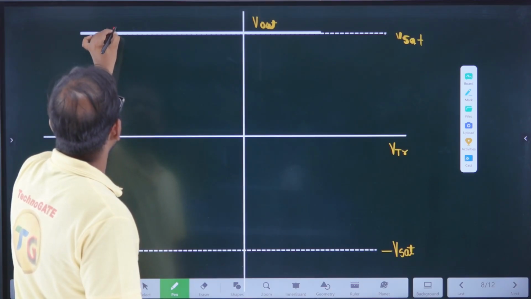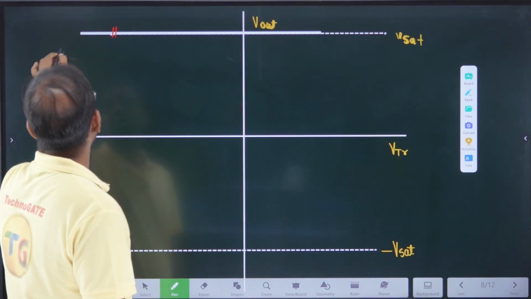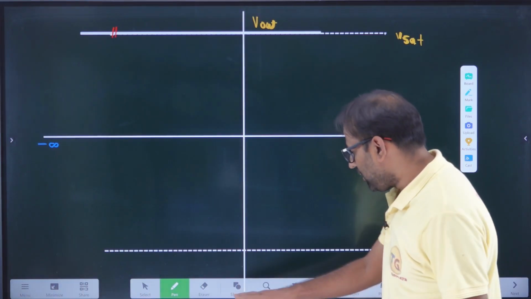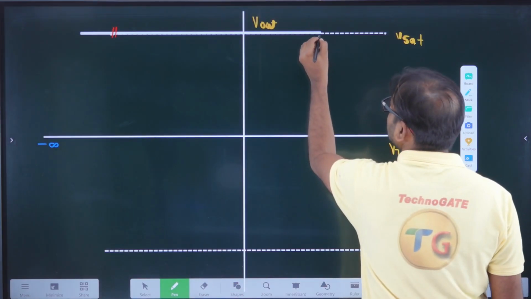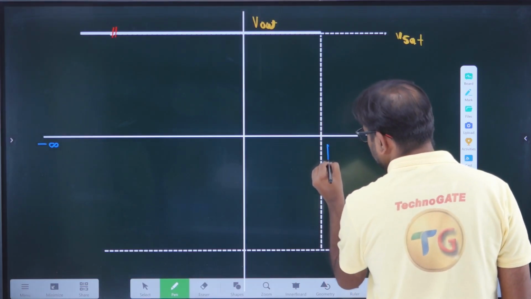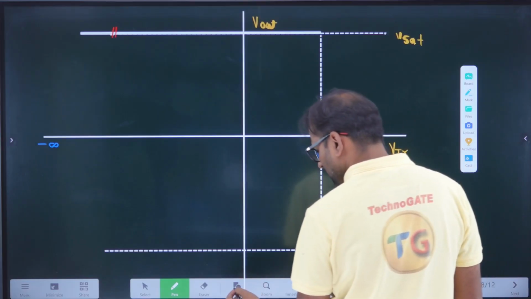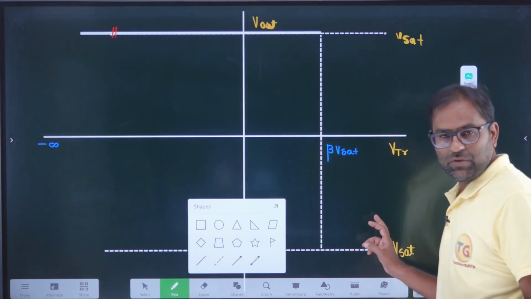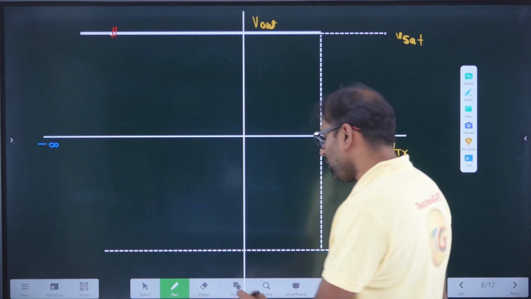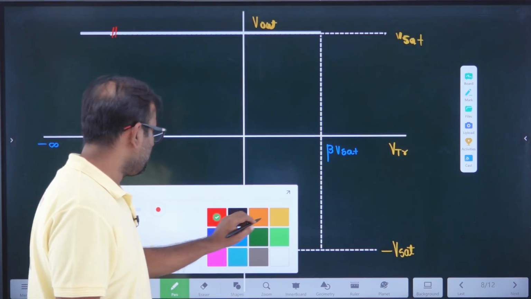I am breaking this scale here, and I am calling this point beta into V saturation. So in this whole duration of VTR, our circuit will stay at the value of plus V saturation, and it's a stable state.